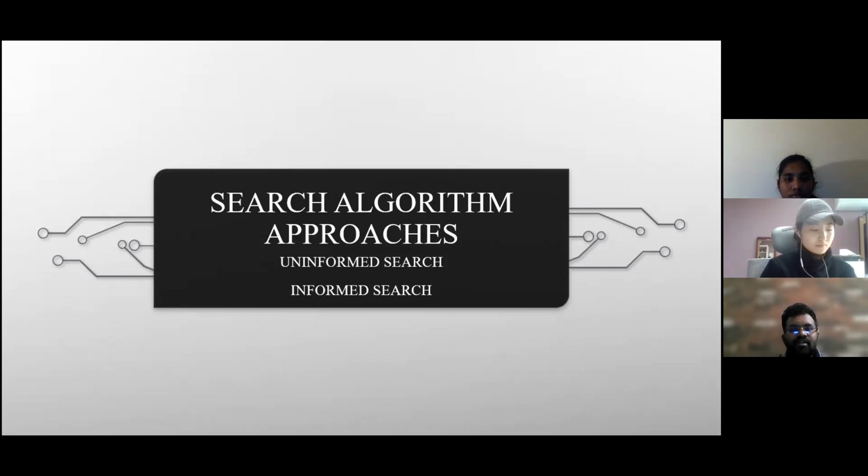In search algorithms, we have 2 approaches: uninformed search and informed search. Uninformed search is made up of blind or brute force search strategies like breadth first search, depth first search, uniform cost search, and bidirectional searches.